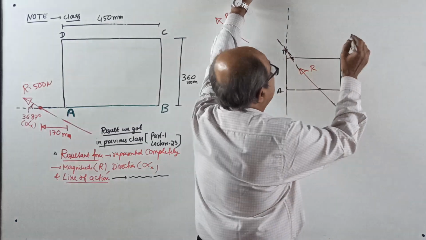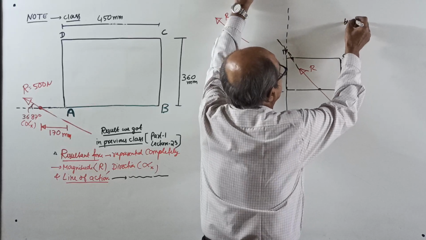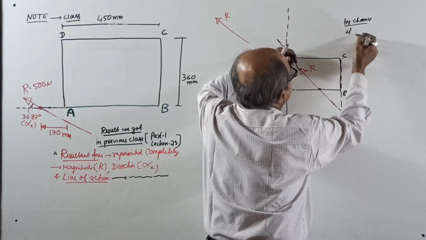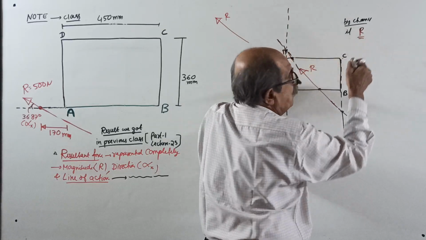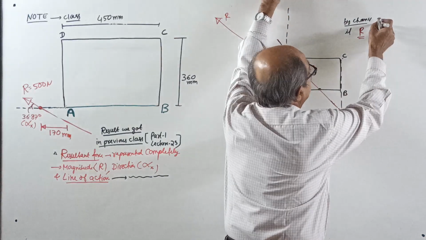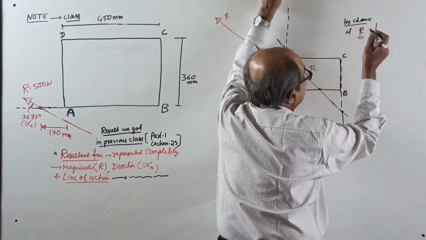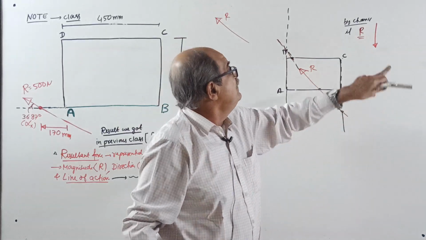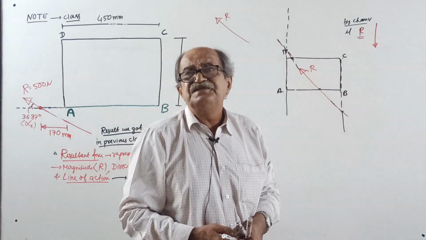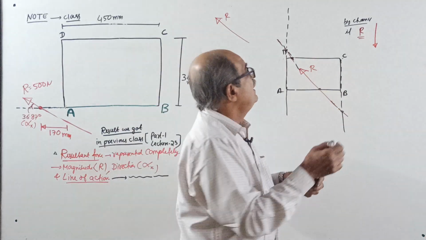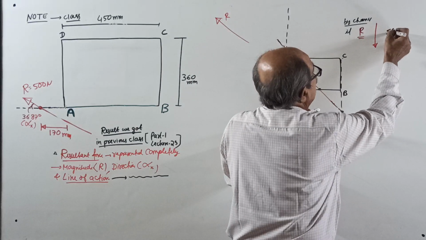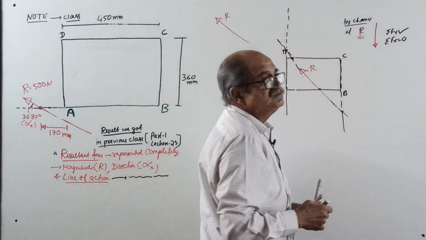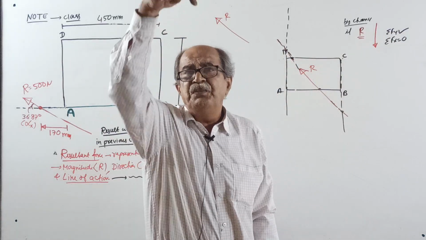In case the resultant is purely vertical, that is this way, that is possible. Notes, I will write it all. This is possible when sigma Fy has a value but sigma Fx comes to 0, then the resultant is purely vertical.